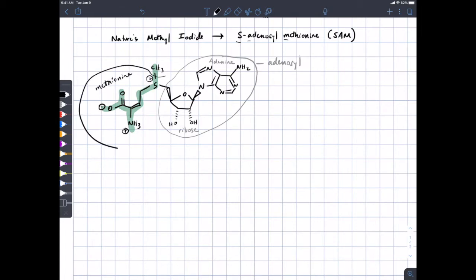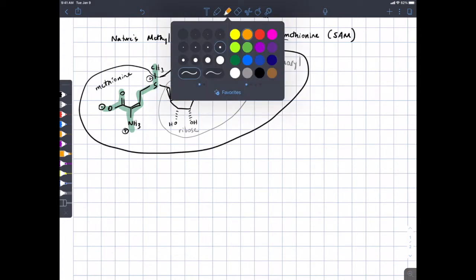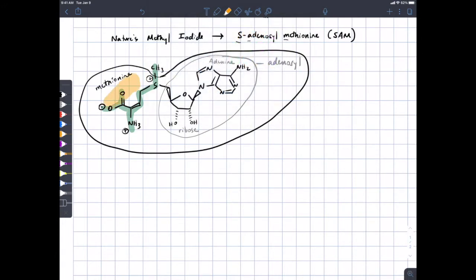So, like I said, you're going to love this. Everything I'm circling, which we're now going to highlight, I suppose, in fun orange, all of this stuff, except for the methyl group, is a good leaving group.